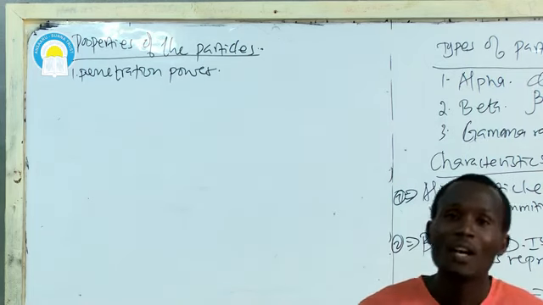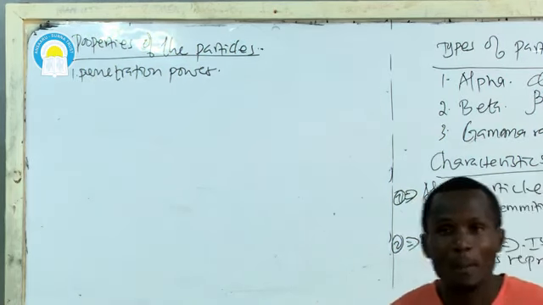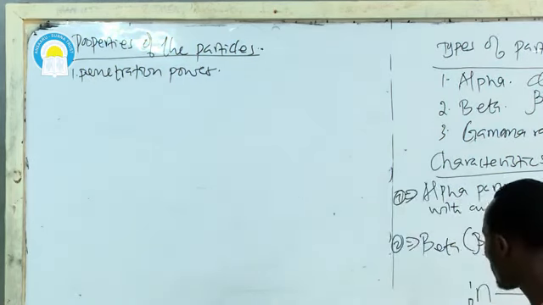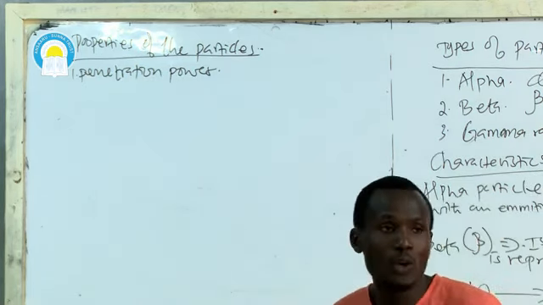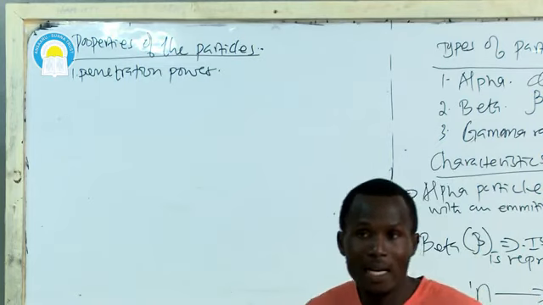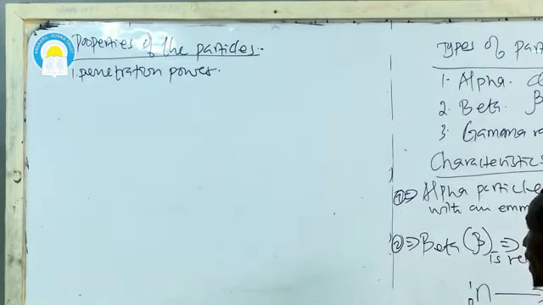Then we have the gamma rays, which have got the highest penetration power. These can only be stopped by lead blocks, which means thick blocks of lead are the ones which can be used to stop the gamma rays.